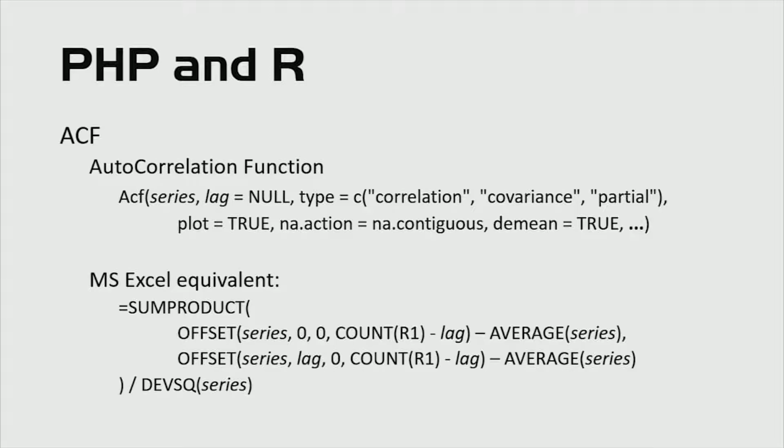ACF is built in as a standard function for working with pretty much any data structures in a language like R, and just works. You don't have to do anything complex with it. And it even gives you some variant formats. You can work with covariances, you can work with partial data sets. You just pass an additional argument, and I would have hated to have had to do covariance and partials again in MS Excel.